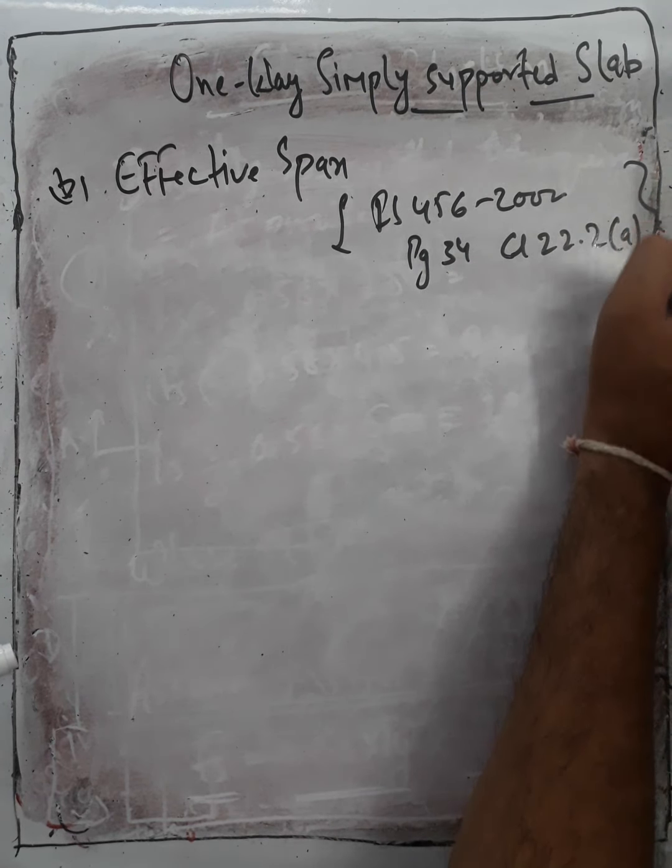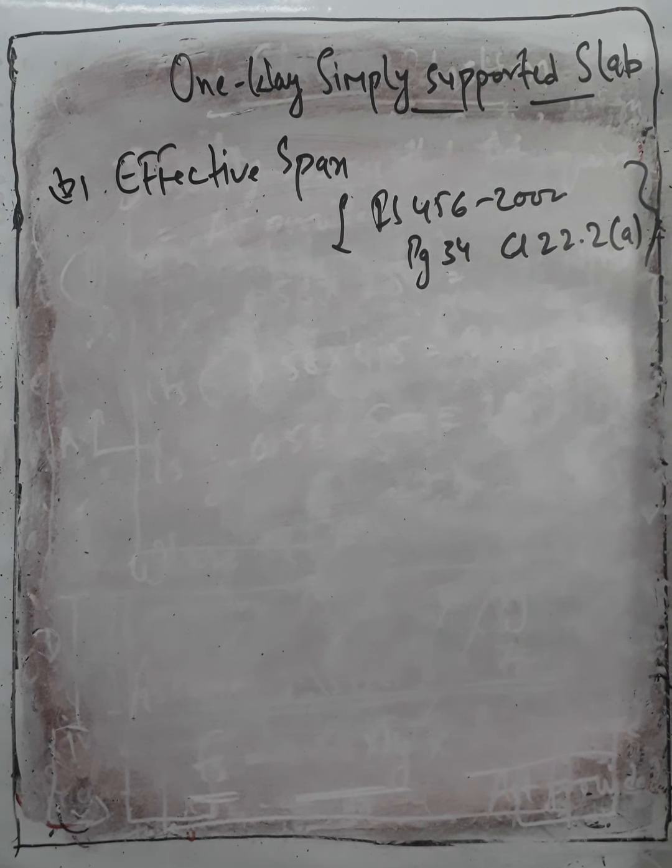This is A because in this clause we have given all beams, means cantilever beam, continuous beam, but here we take simply supported slab, that's why we say clause number 22.2a.